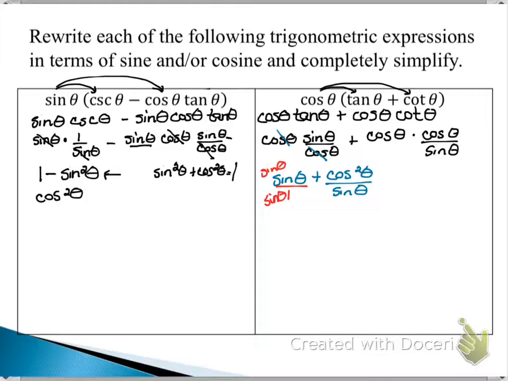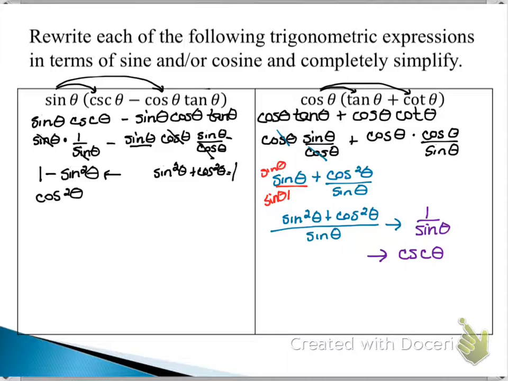And so once we get that done, then this ends up being sine squared theta plus cosine squared theta all over sine theta. And this, in turn, would be 1 over sine theta.